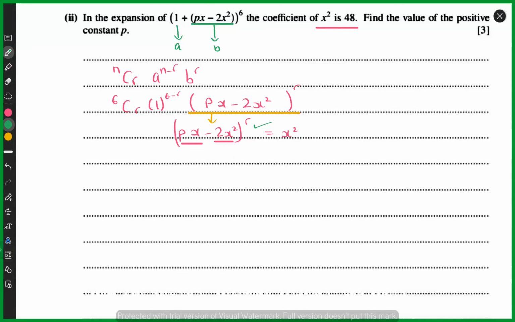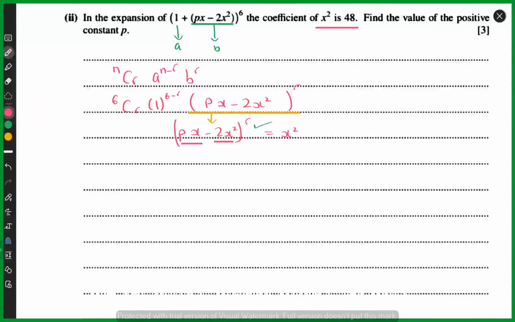Let's do it that way. Or another way could be that if we start taking r's at this point, one way is that you start expanding the thing from the beginning.